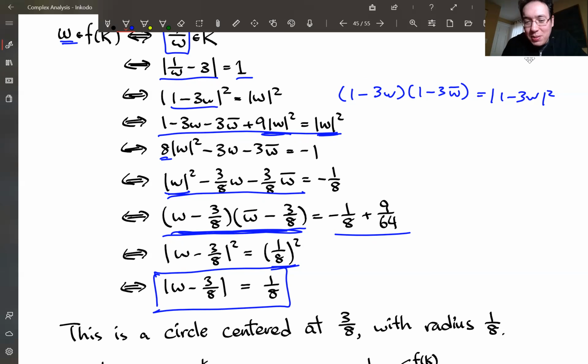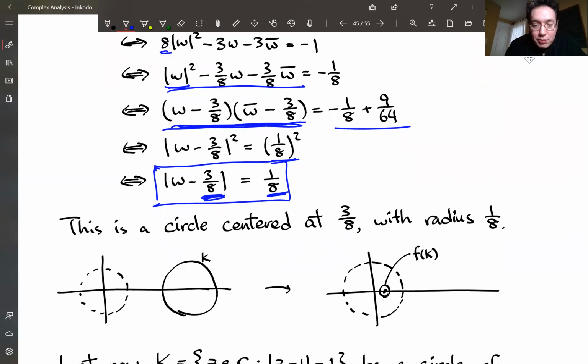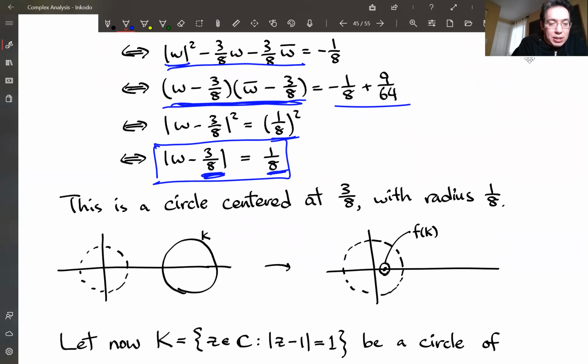There's a lot of algebra involved, but basically this means that the output, the range, the image of this inversion, starting with that circle, is another circle with a different center and a different radius. So here's the unit circle. Here's the circle K that we started with, centered at 3 and radius 1.